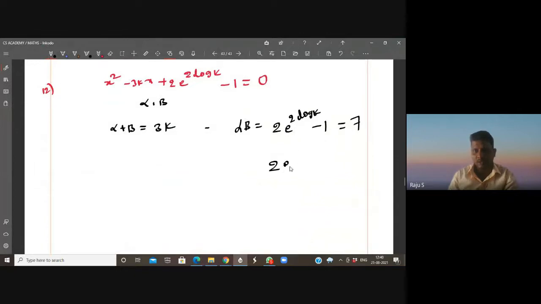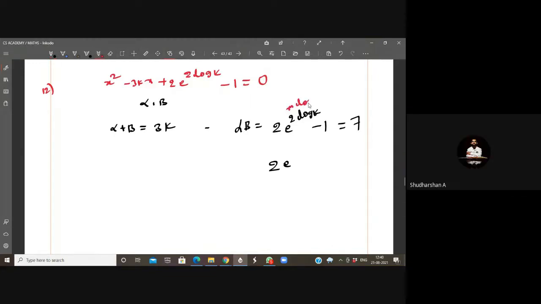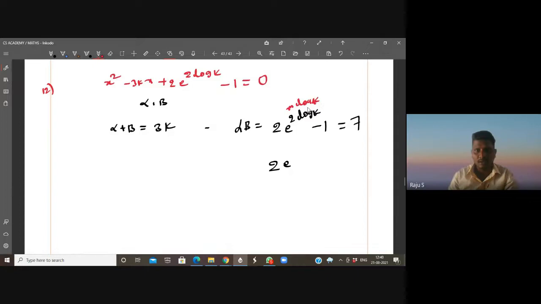Okay, 2e to the power of, shall I write here? Equate it to 8. Using the logarithmic formula, log a power m, so log k square. Base they do not give, and so that base is always e.